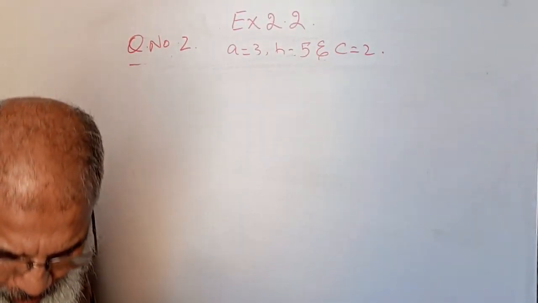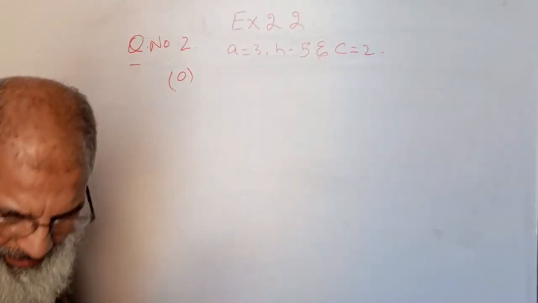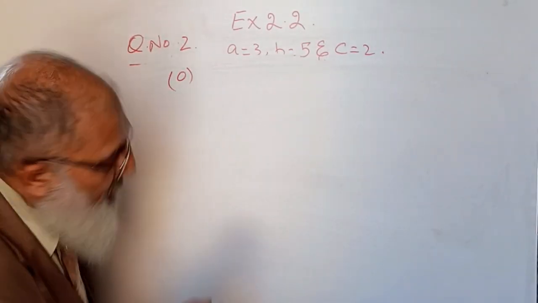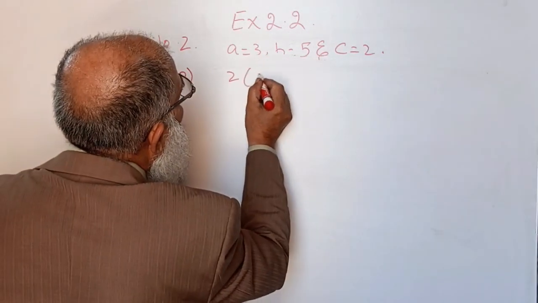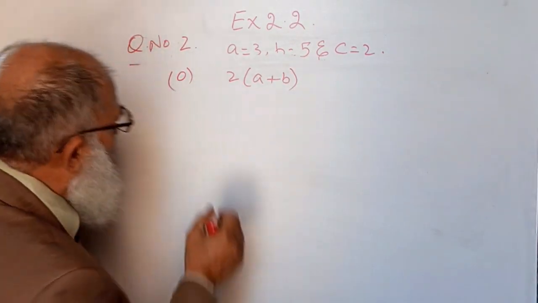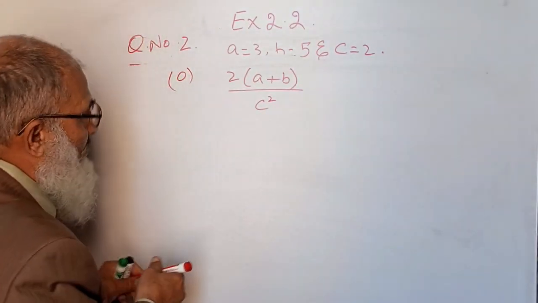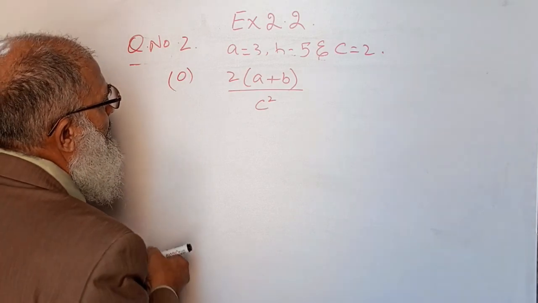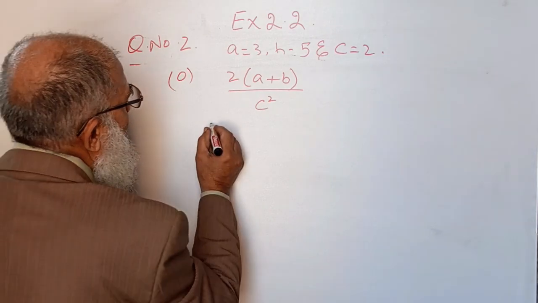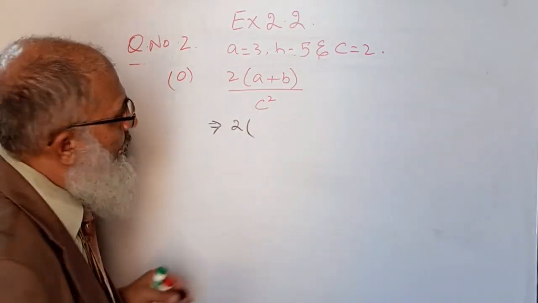The last part is O, and it states that 2a plus b, divided by c square. Very simple again. Just substitute the values.